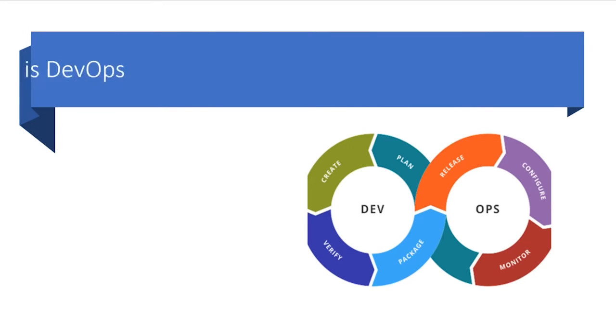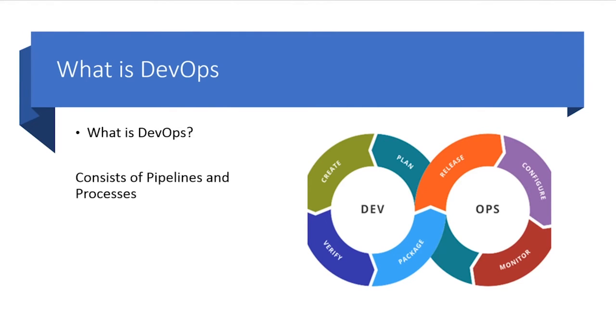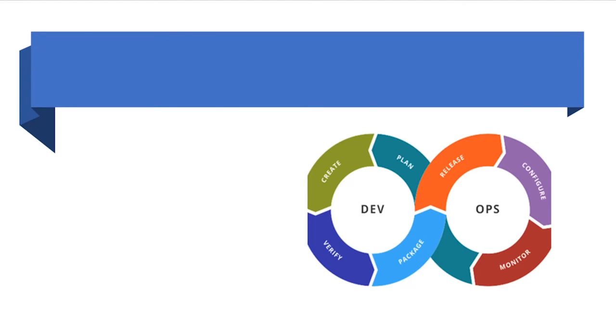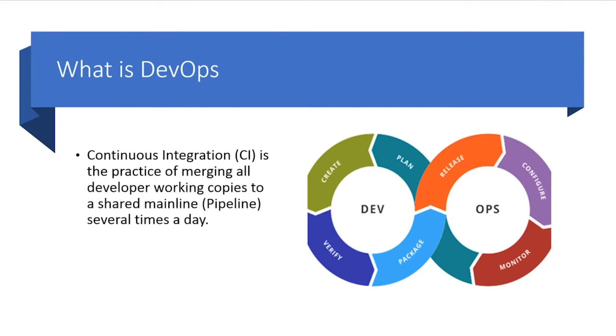When we think of, for example, pipelines and processes, we know that, of course, there's continuous integration, continuous delivery, continuous deployment. We may have heard of these terms. And I'll touch on these terms briefly, and then we're going to go deeper into each of these further on in this module.